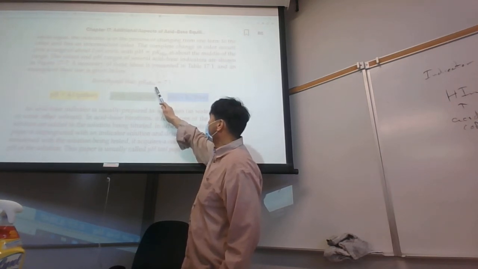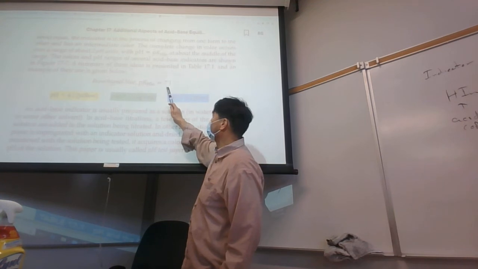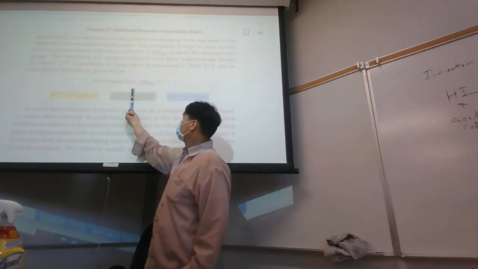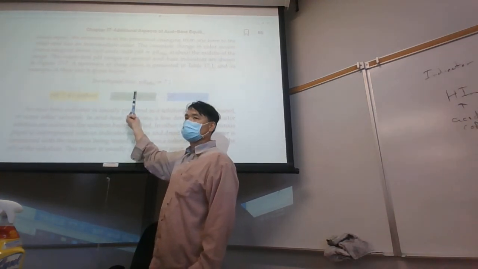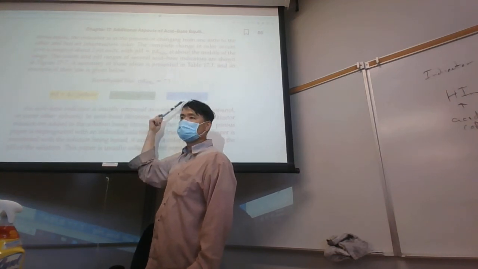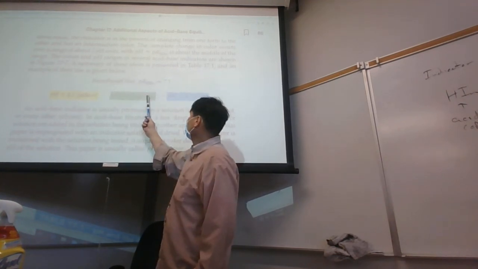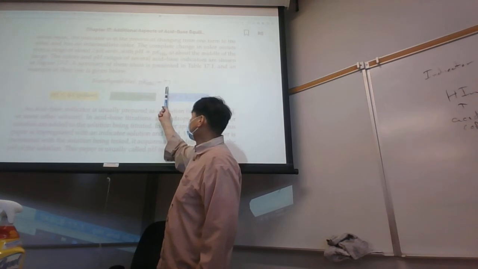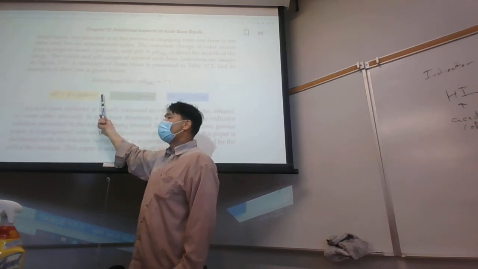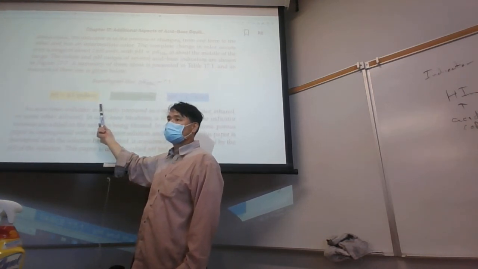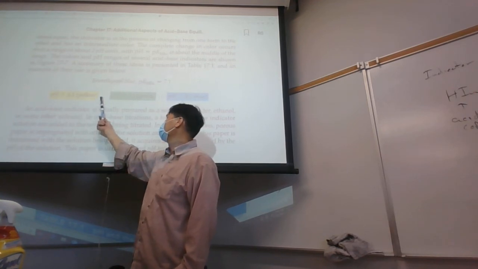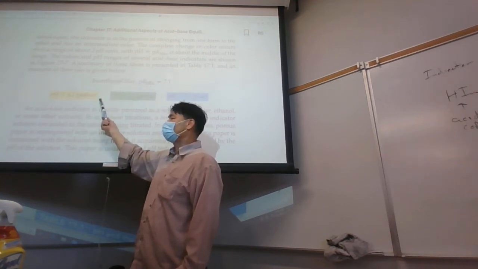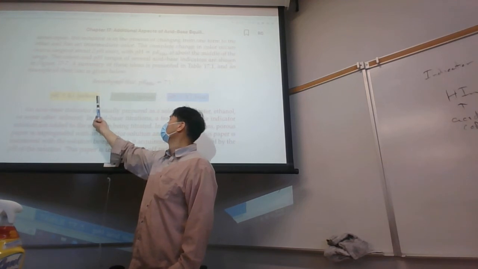It's based on the pKa. When we look at the pKa, it's 7.1. So at a pH of 7.1, we have a 50-50 mix of yellow and blue. At a pH of 6.1, we have a 1 to 10 mix of base to acid, and it's going to be a much lighter green, right at the border there.